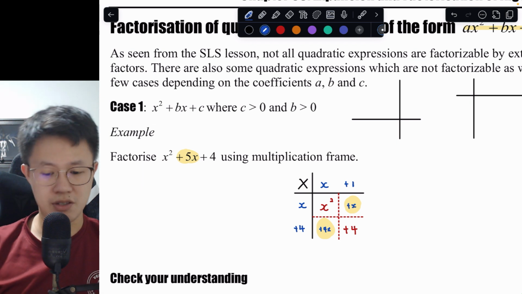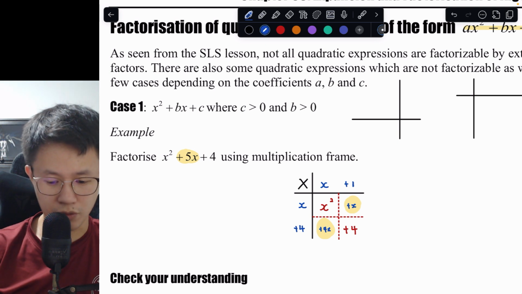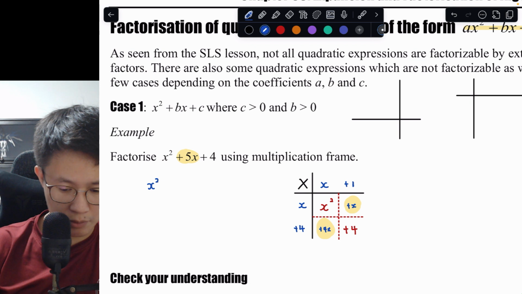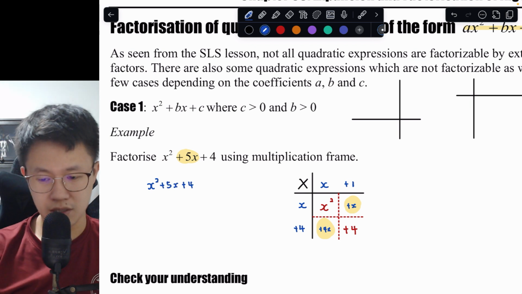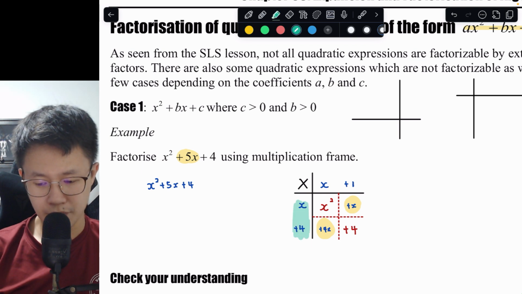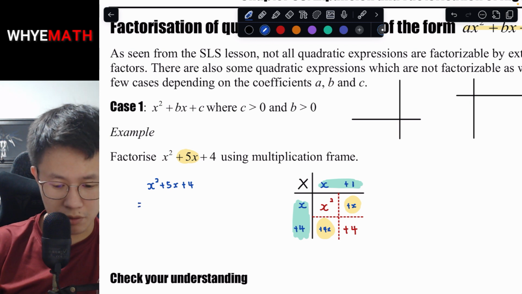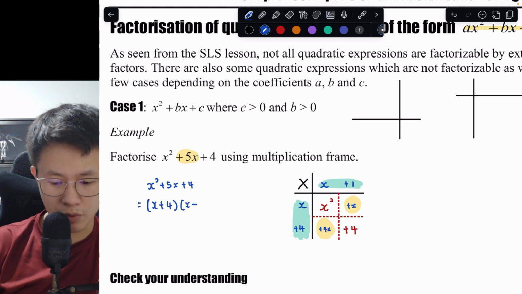Now you ask yourself, does this add up to the term? And it does. Your answer is pretty straightforward now. x squared plus 5x plus 4 is equal to something times something, and looking carefully, you have this times this. So your answer is as simple as x plus 4 times x plus 1.